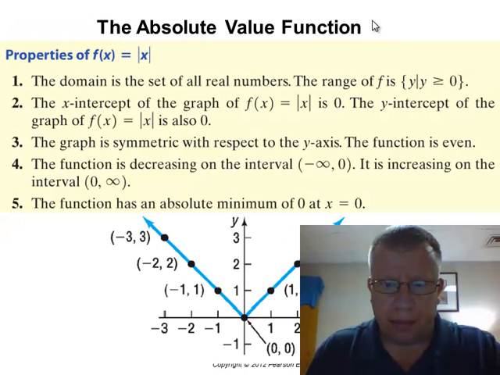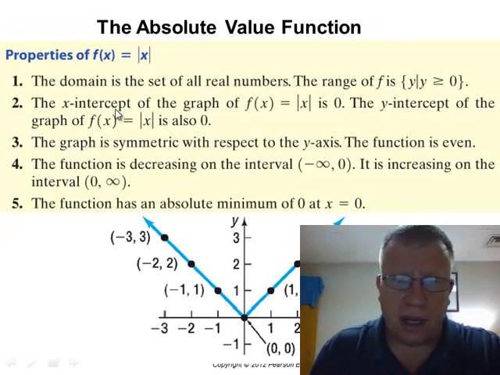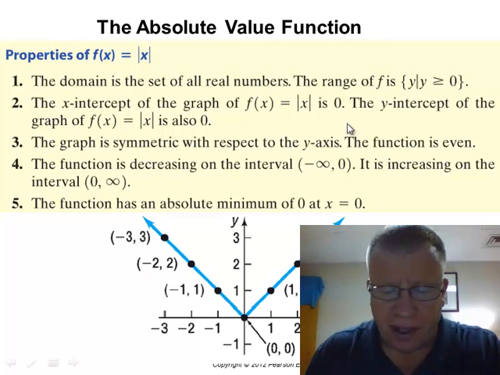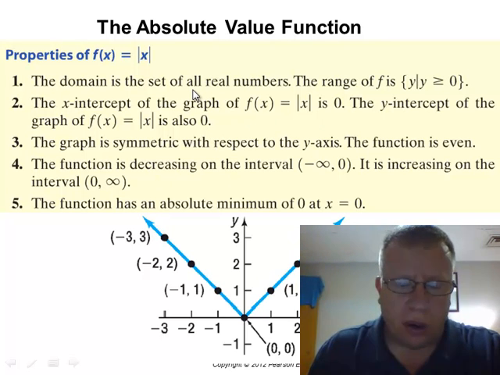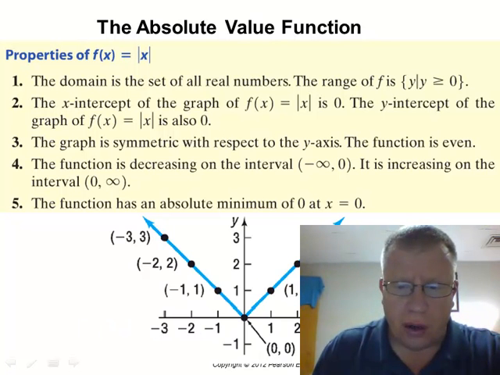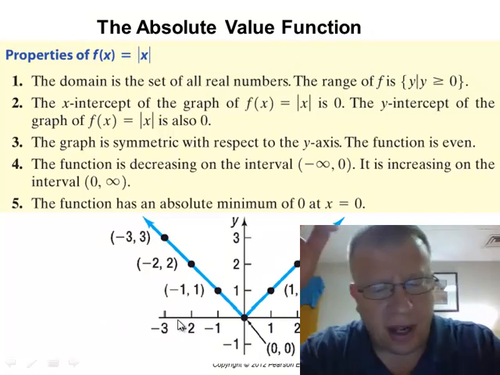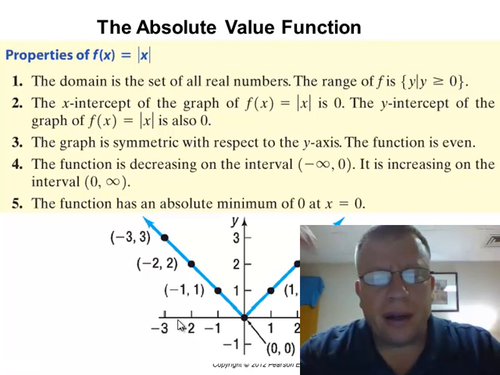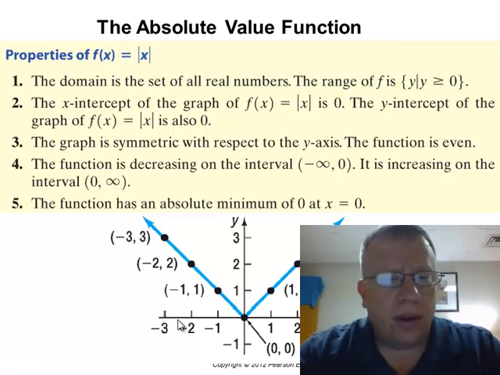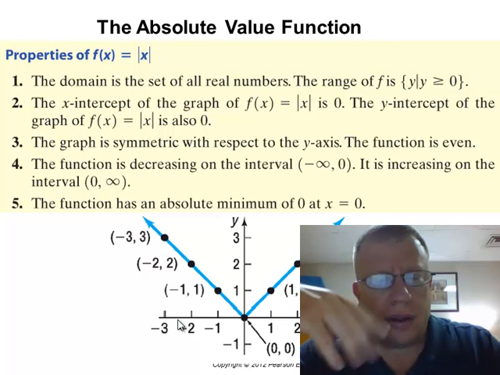Now, here are the properties that we were asking about from the previous page. The domain and the range. Well, the domain is going to be all real numbers. You can take the absolute value of any real number. But the absolute value is always going to be either positive or 0.